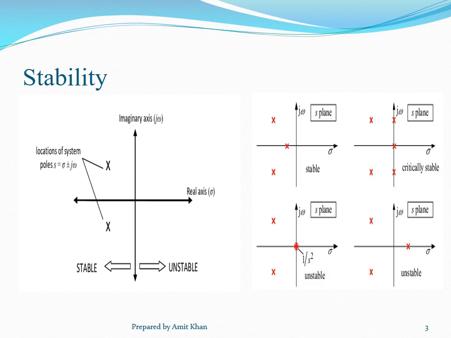When the location of poles falls on the left hand side of the S-plane, the system is called a stable system. When the poles are on the right hand side of the S-plane, the system is called an unstable system. And when the poles are on the j omega axis of the S-plane, the system is called a critically stable system.